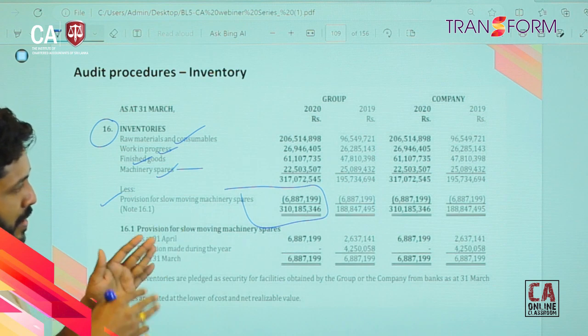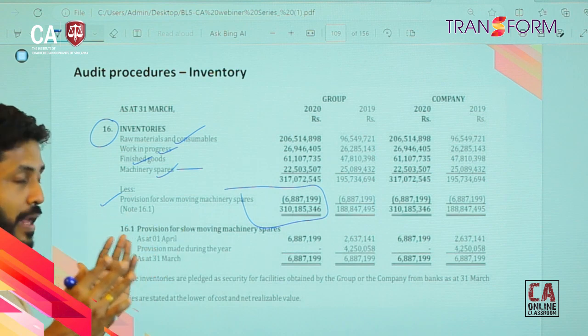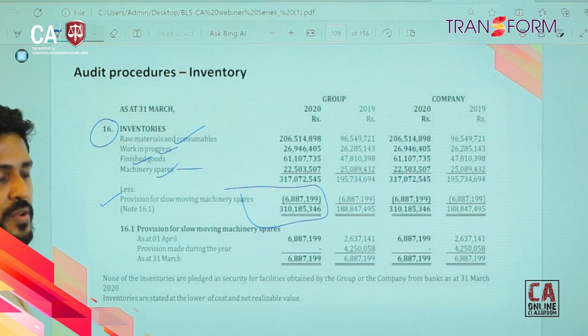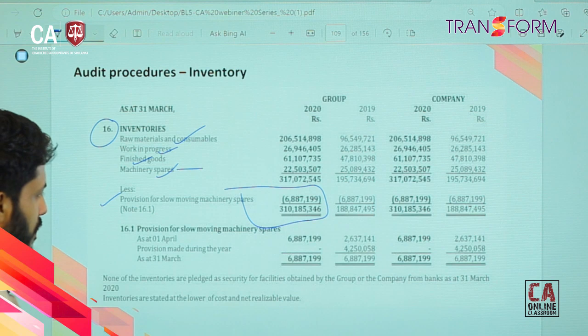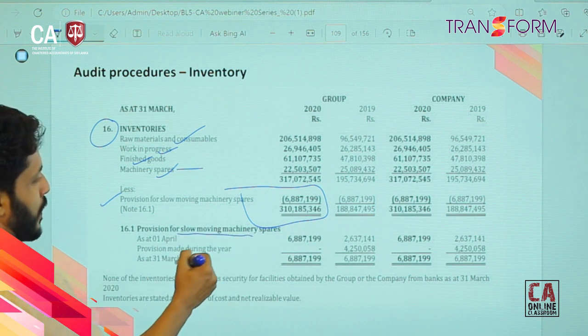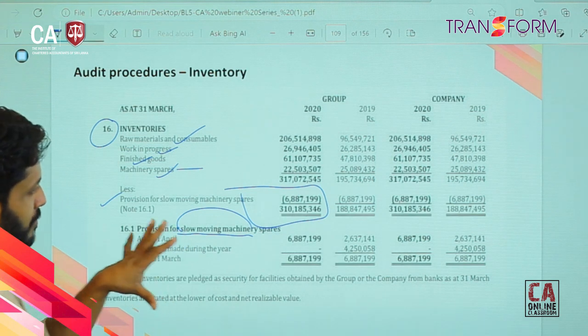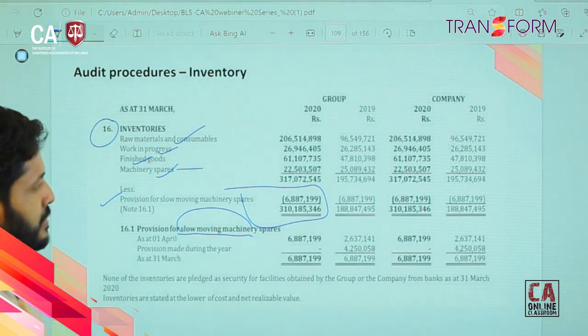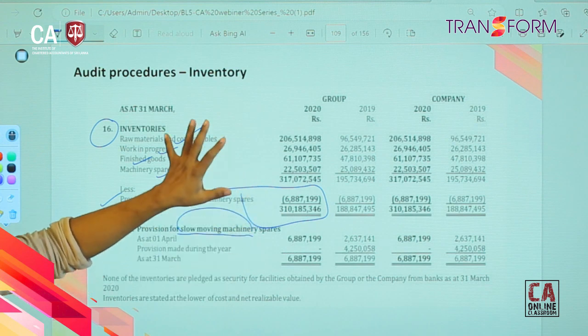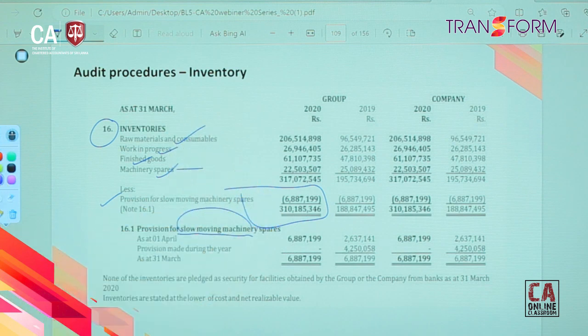Likewise, based on the aging we are using, we can calculate inventory provision as well. Slow moving machinery spare parts, slow moving items can be considered for provisioning, right? So this is how you are going to disclose in the financial statement.